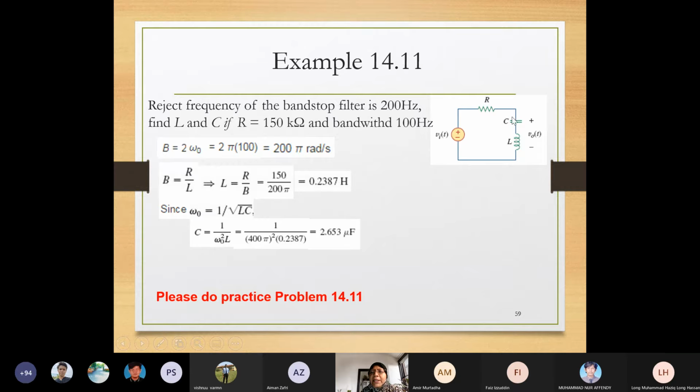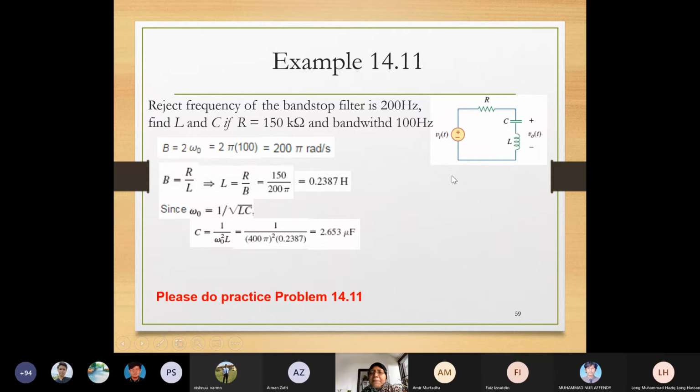If you change the value of the capacitor and inductor, it will change the bandwidth, and it will also change the reject frequency. So the values of the capacitor and the inductor, as well as the resistor, will determine the cut-off frequencies, the bandwidth, and also you can calculate the Q factor for the circuit.